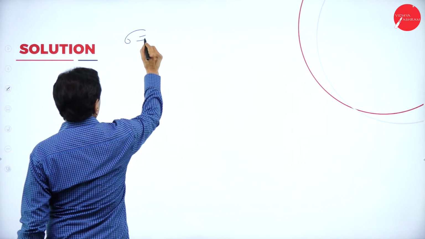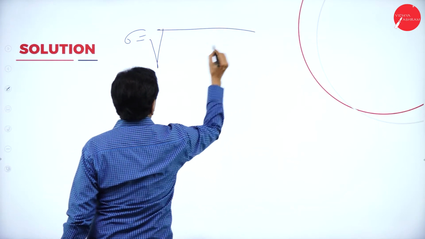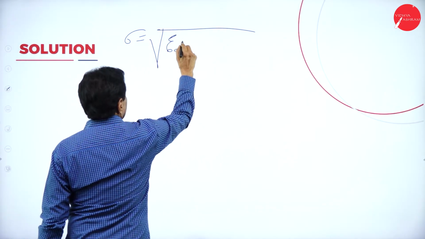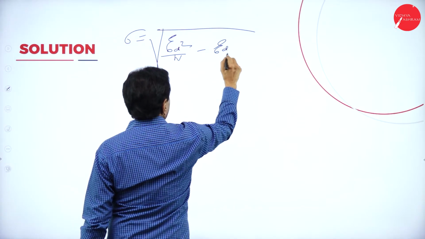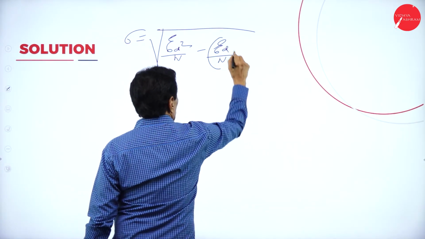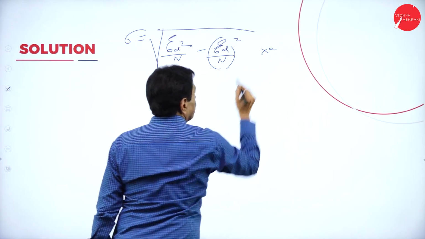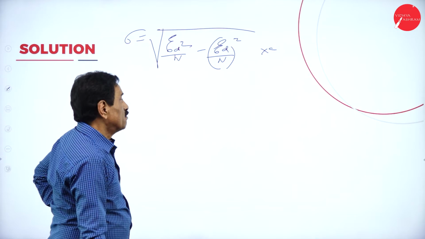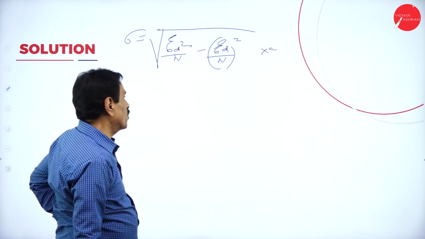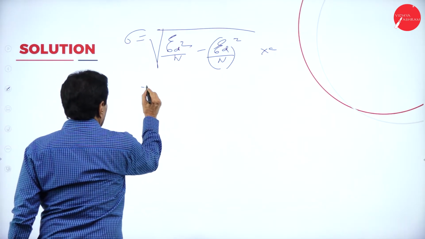Standard deviation is equal to root of sigma d square divided by n minus sigma d divided by n whole square into c. What's the formula? Sigma d square divided by n minus sigma d divided by n whole square into c. We'll slowly apply.